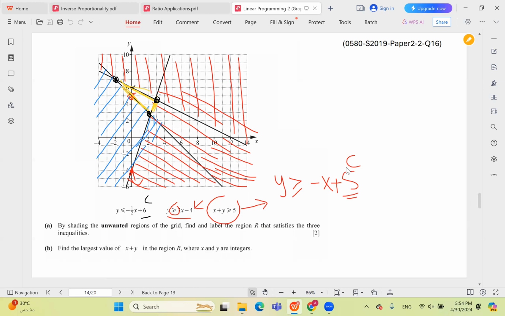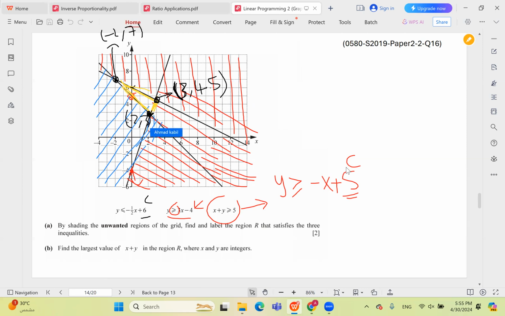So for the first one here, this point has coordinates (-2, 7). For the second corner, this seems to have roughly coordinates (3, 4.5) maybe. And for the third corner, we seem to have (2, 3) roughly.